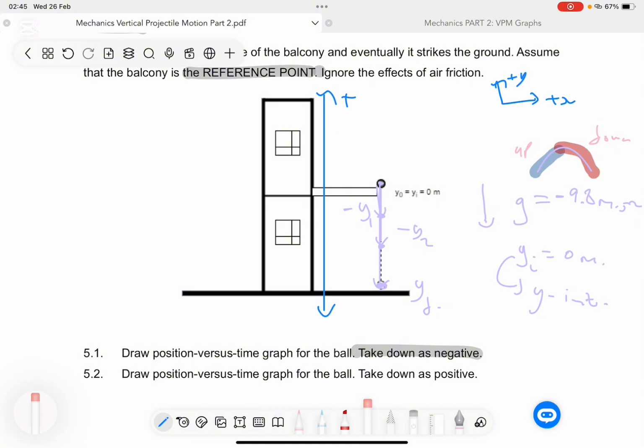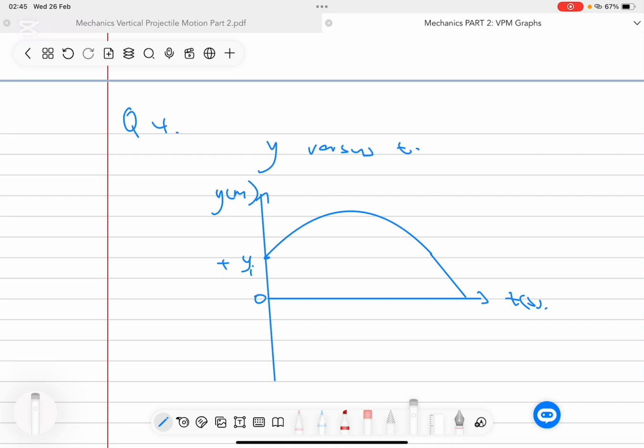So I'm going to erase this part here because it shows when the graph goes upwards. Now I'm only left with the part where the graph goes downwards, which is here. So I'm going to plot this. Now here is the top, where the projectile starts. It means here is going to be my 0, my y initial. This part will be 0, and all this will be the other heights that it occupies.